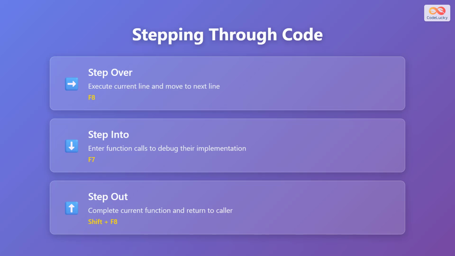Step into, activated by pressing F7, allows you to enter function calls to debug their implementation. This is useful when you need to see what's happening inside a particular function. Step out, activated by pressing Shift plus F8, completes the current function and returns control to the caller. This is helpful when you've stepped into a function but want to quickly return to where it was called from.